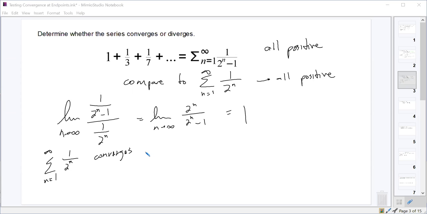What does this series look like? It looks like a half plus a fourth plus an eighth plus a 16th and so on, right? What sort of series is that?